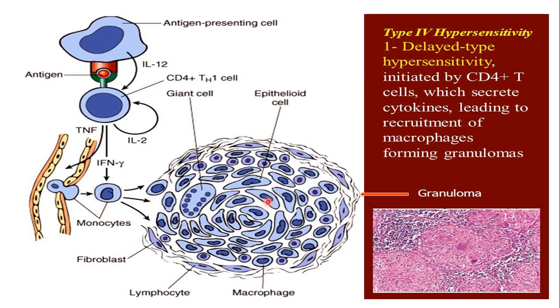This may also cause the fusion of adjacent epithelioid cells to form multinucleated giant cells, which are the Langhans type of giant cells in case of tuberculosis. Now these epithelioid and giant cells are surrounded by lymphocytes and fibrosis. This whole mass is known as the granuloma.